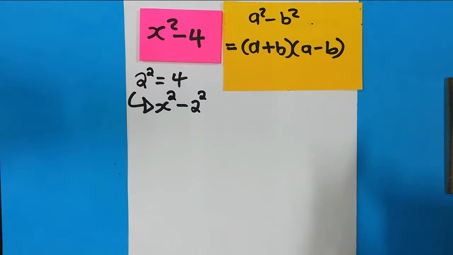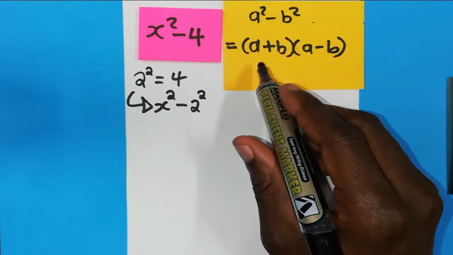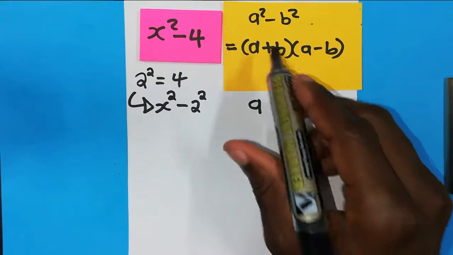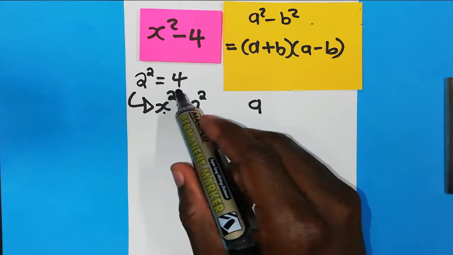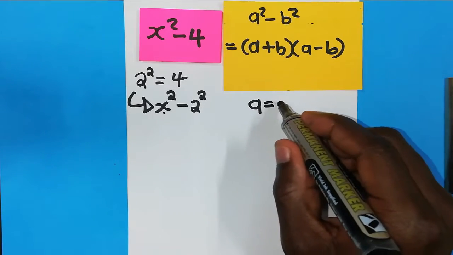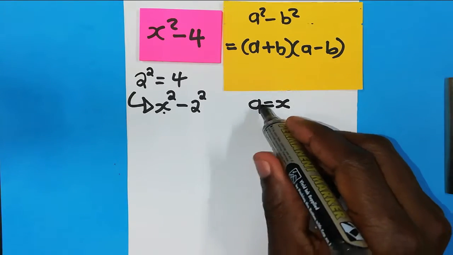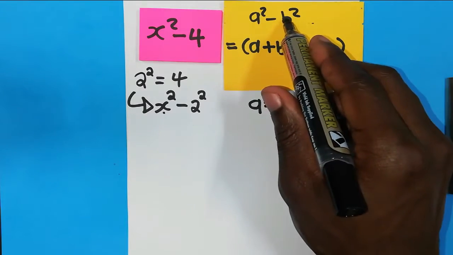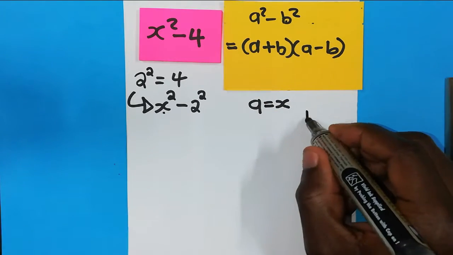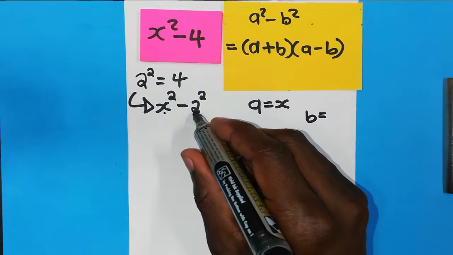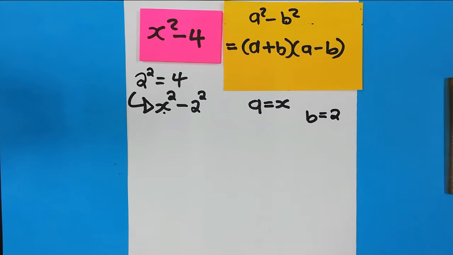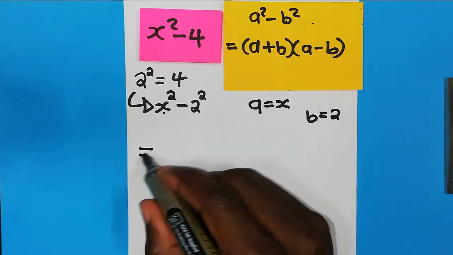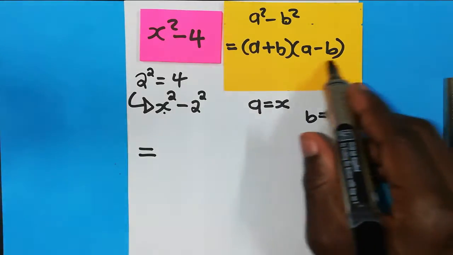Now when you see a, you write x because they are similar. And when you see b, you write 2. We are going to express it like this.